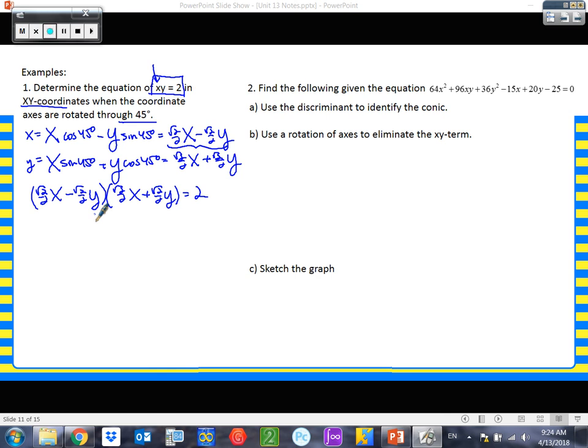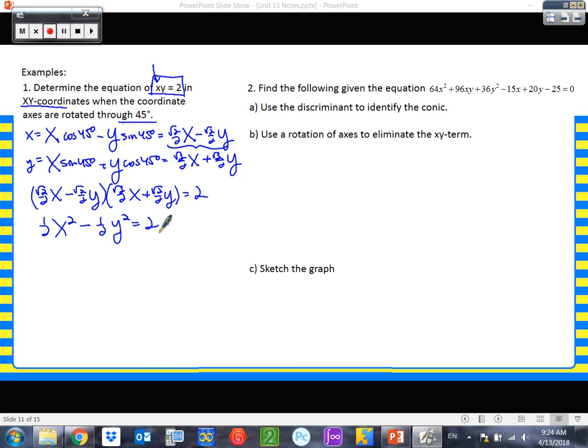The outside and inside terms are going to go away. So really we're just left with root 2 over 2 times root 2 over 2 is 2/4 or 1/2 big X squared. Outside inside, they cancel out. Minus root 2 over 2 times root 2 over 2 is 2 over 4, which is 1/2 Y squared, equals 2.